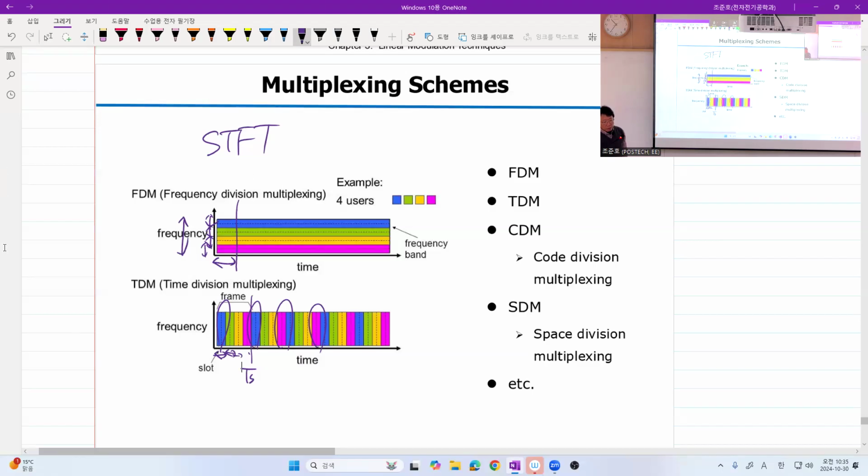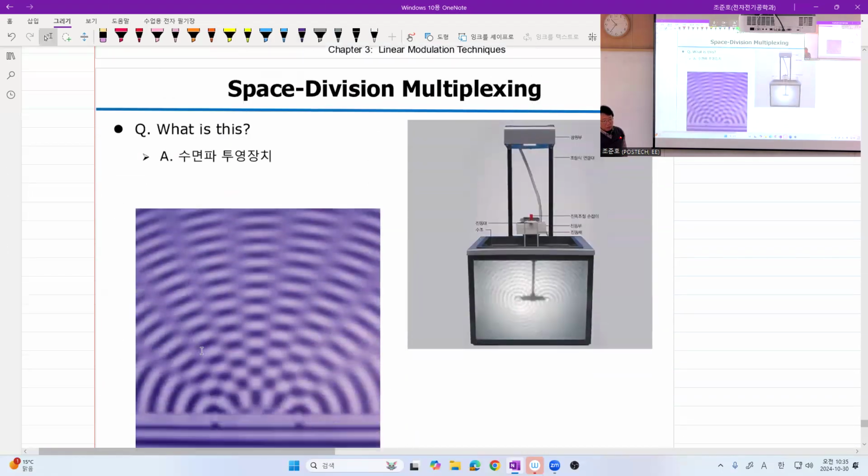And space division is related to this figure. And you've seen it from high school physics textbook. And here you have 2 sources with phase synchronism. So phase is the same. What does that mean? Usually we use 2 ping pong balls connected to a single vibrator.